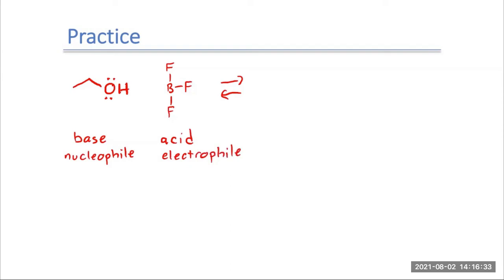So that means the nucleophile will go and attack the electrophile. So take its lone pairs and form a bond to that boron, which gives us our new product. The oxygen ends up with a positive formal charge. The boron ends up with a negative formal charge.